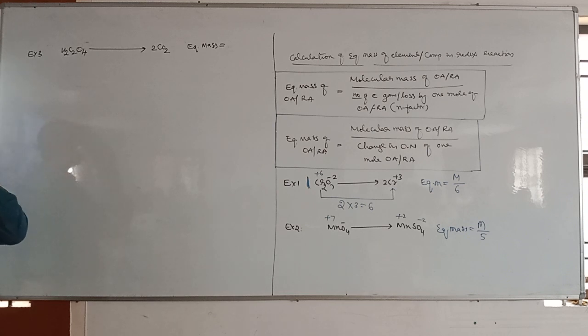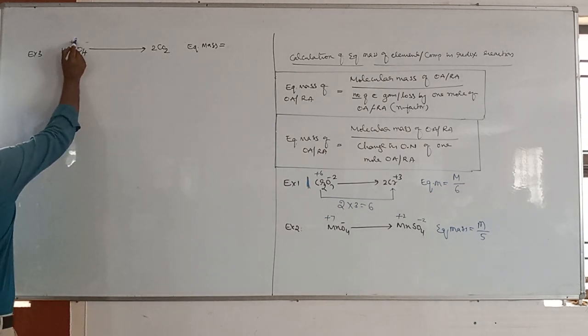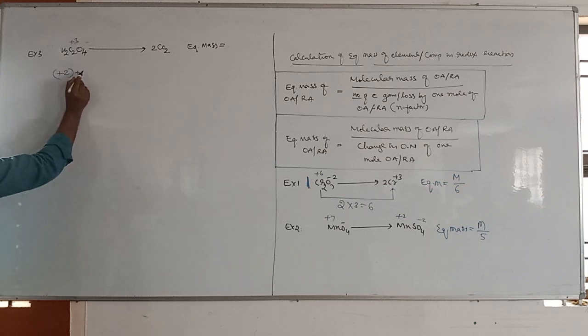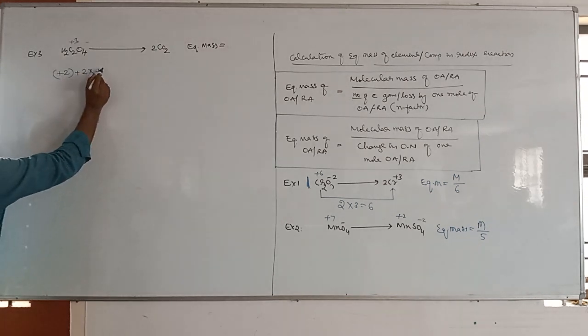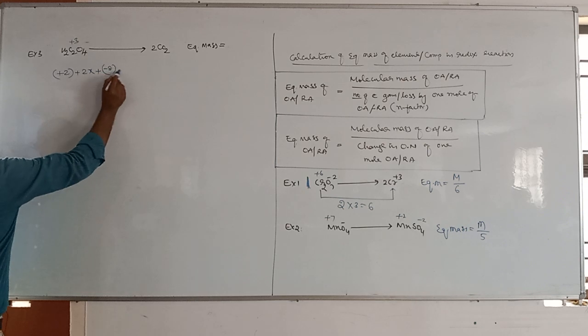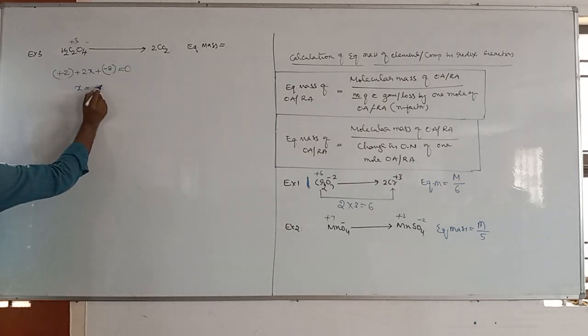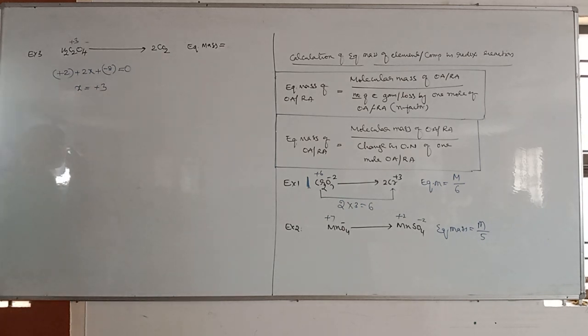Again calculate the oxidation state. What is the OS of carbon here? Plus 3. Yes or no? 2 hydrogen plus 2, plus 2 carbon 2x, 4 oxygen minus 8 equal to 0. What is x equal to?